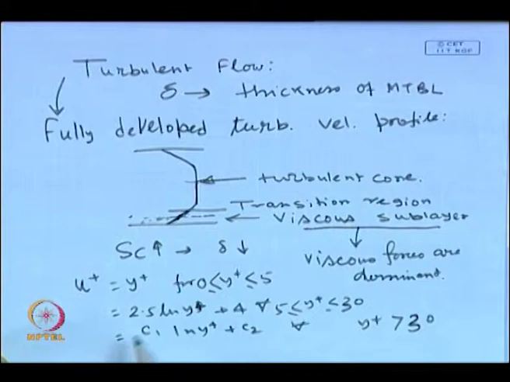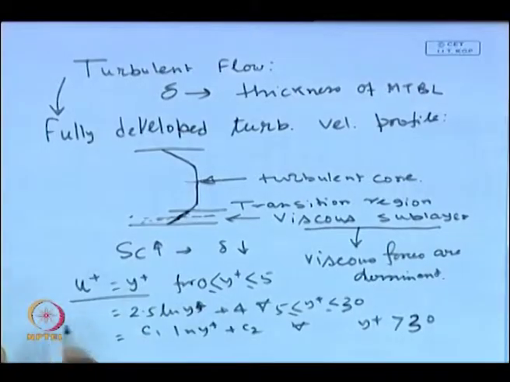Now, if we assume that our mass transfer boundary layer lies within the viscous sublayer of this fully developed turbulent velocity profile, then I will be talking about only the linear part of the velocity profile. That means u plus is equal to y plus. I need not bother about the other two parts, because the concentration difference is nothing there, C is equal to C naught everywhere.